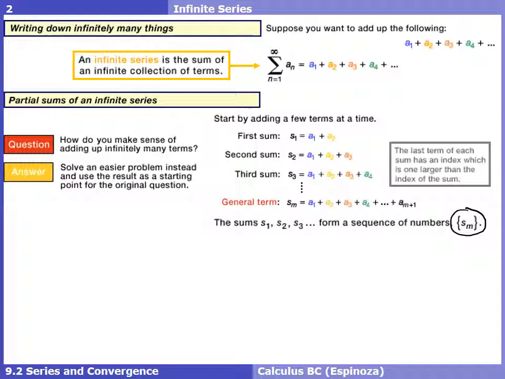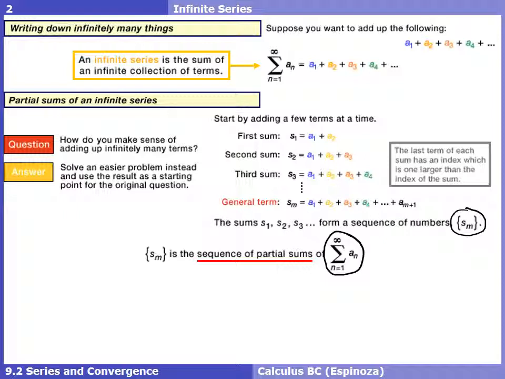S1, S2, S3. We're not adding them, we're going to list them off as a sequence. Then we can write that in sequence notation, and that's what we actually have here. This S sub m sequence is the sequence of partial sums for this infinite series right here.